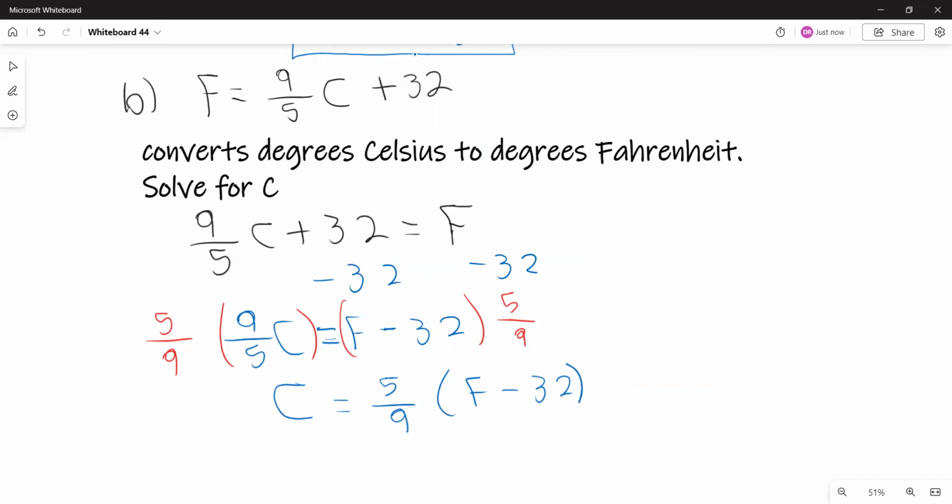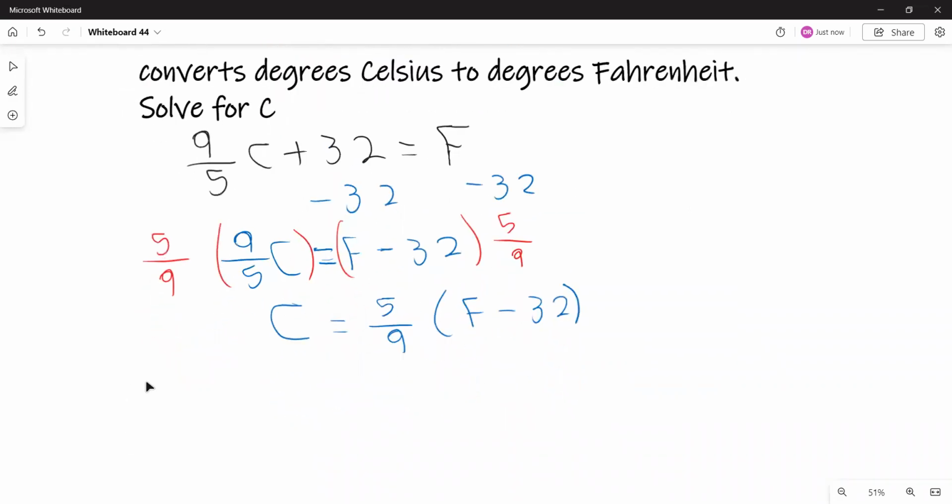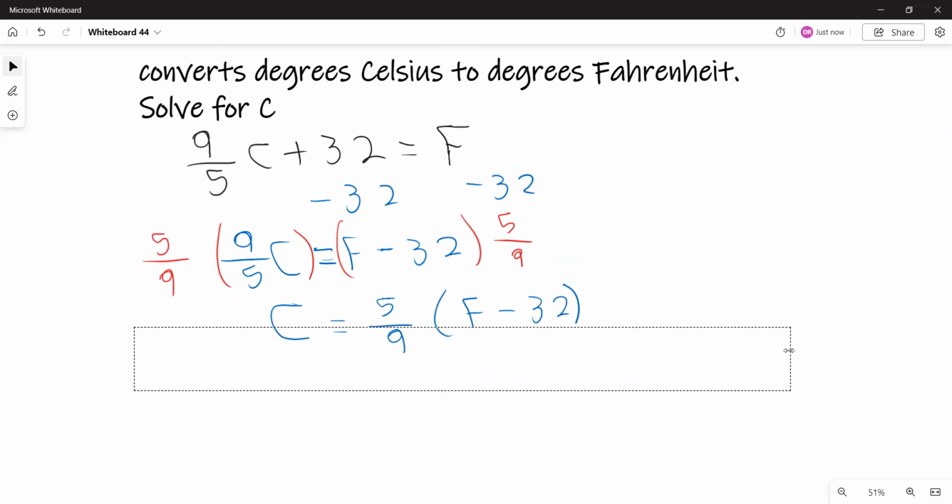And we can use this formula to convert temperatures. Suppose that we want to convert 86 degrees Fahrenheit to degrees Celsius.